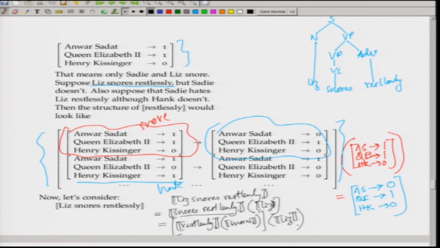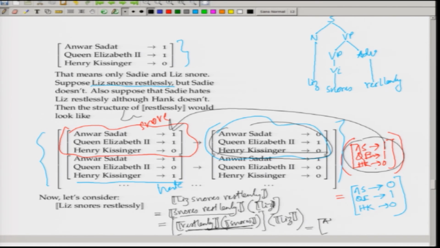So, we can see the result. So, the first part, this part, restlessly is this big function, it takes snores, it is this small function snores. The result is this function which comes out, snores is given. There are other things also here on the LHS, but only one thing, because this gives this, right, it is the same mapping. Then it is this 110, 110, and as a result of that this function comes out, where you have this 0 1 0, and after this, this part can be written as this function which came out as a result.